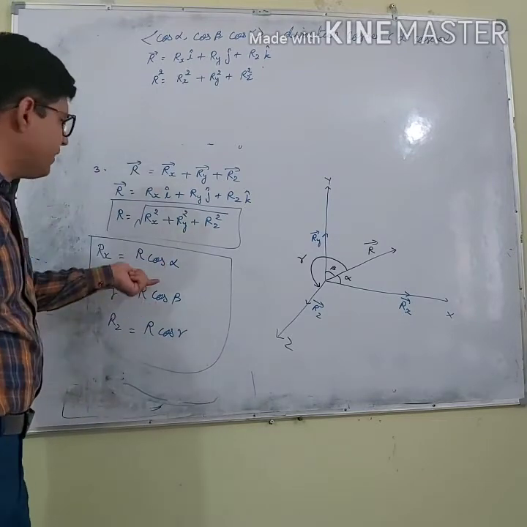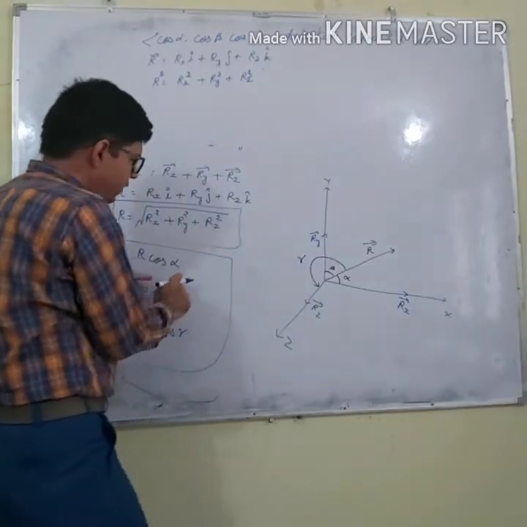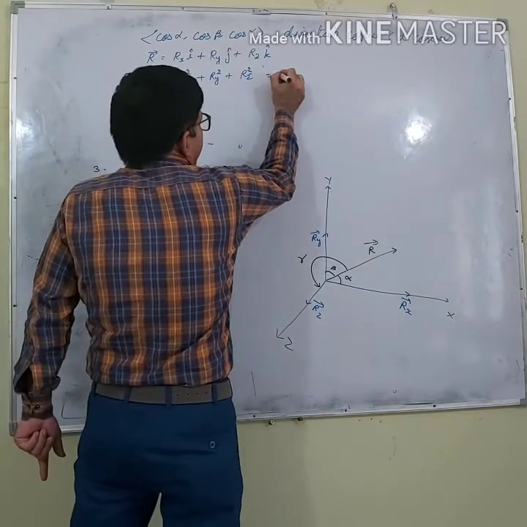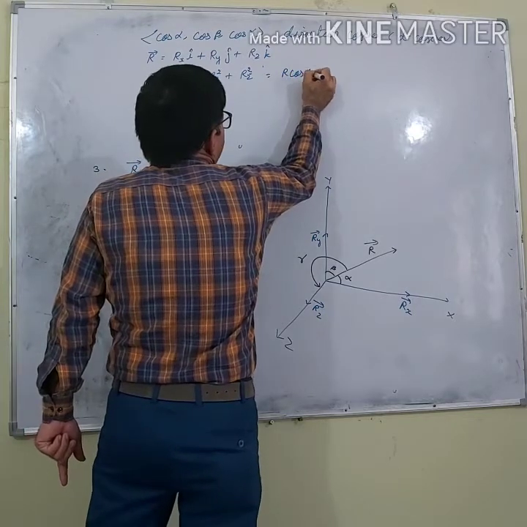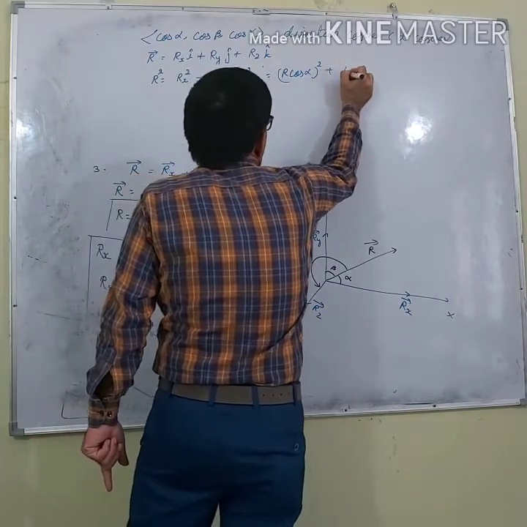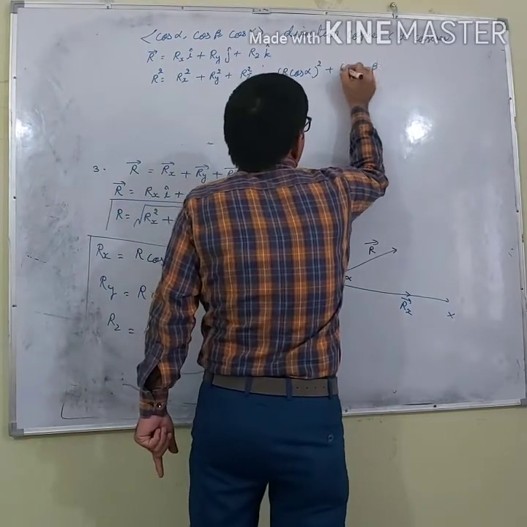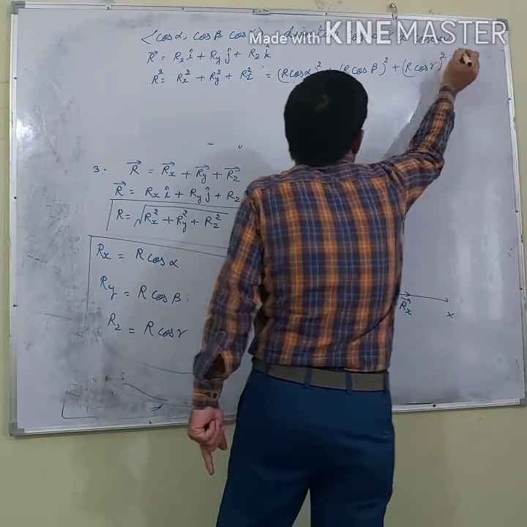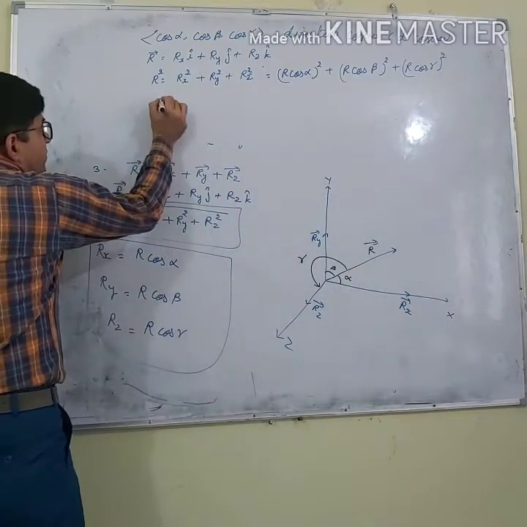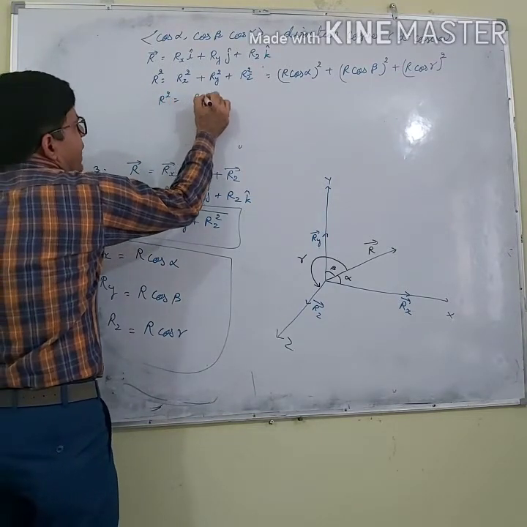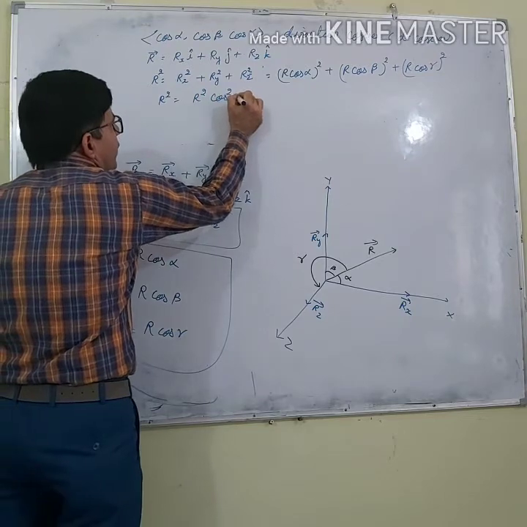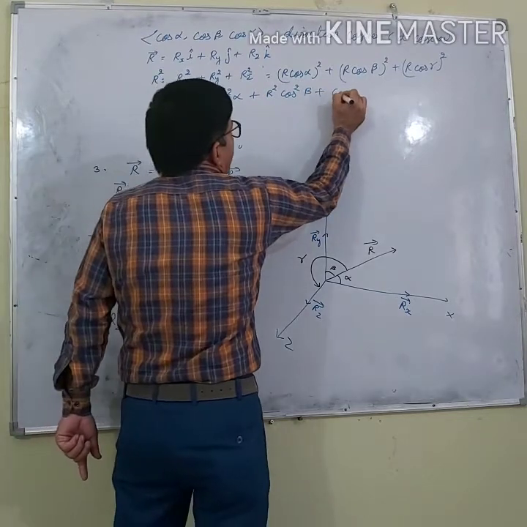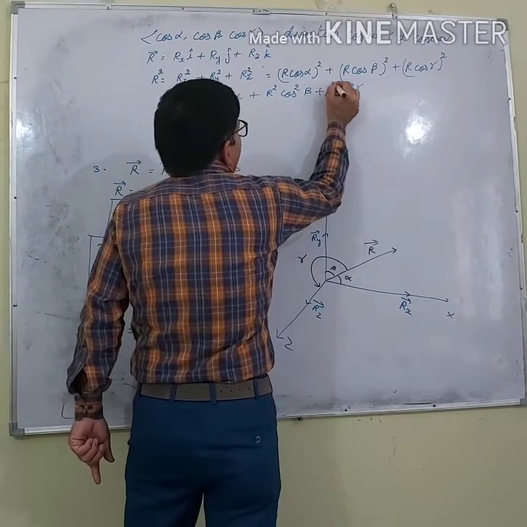Now what is Rx? Rx equals R cos alpha, Ry equals R cos beta, Rz equals R cos gamma. So I can write R cos alpha square plus R cos beta square plus R cos gamma square. Opening the bracket, I get R square equals R square cos square alpha plus R square cos square beta plus R square cos square gamma.